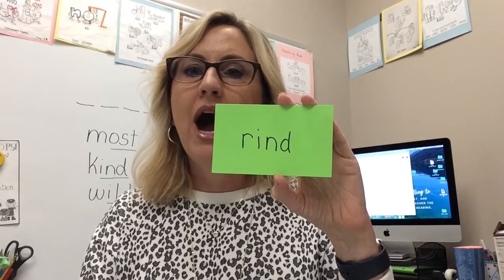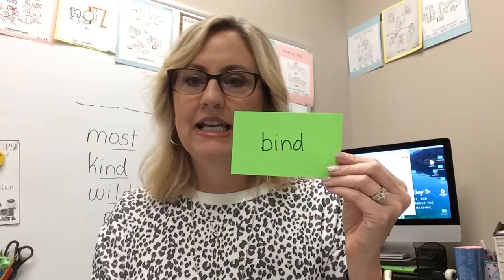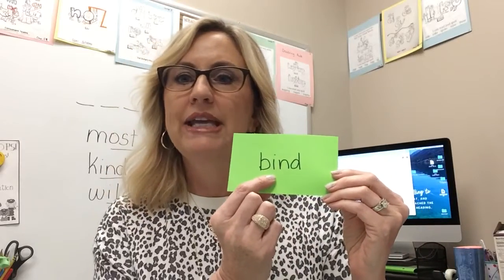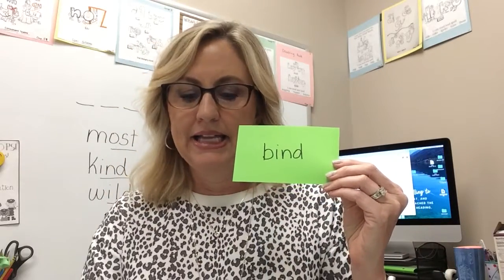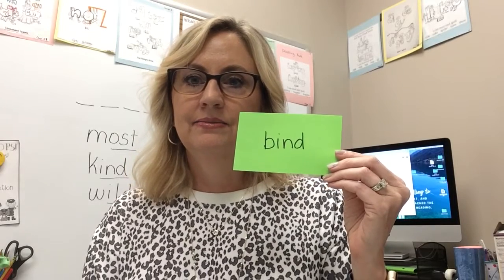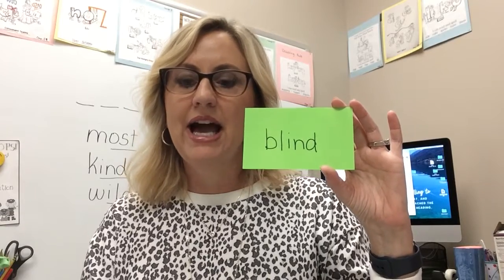Now let's go from rind to bind. That would be B-I-N-D. You have that word family that has the rule-breaking long I sound, bind. Now go from bind to blind. That would look like this, B-L-I-N-D.